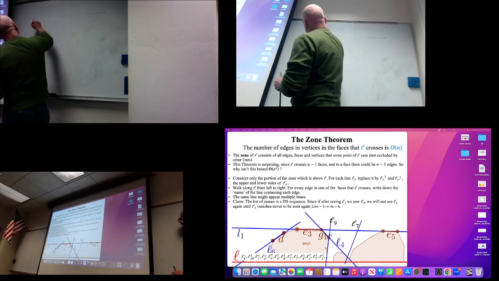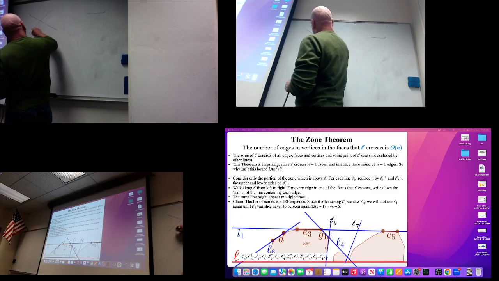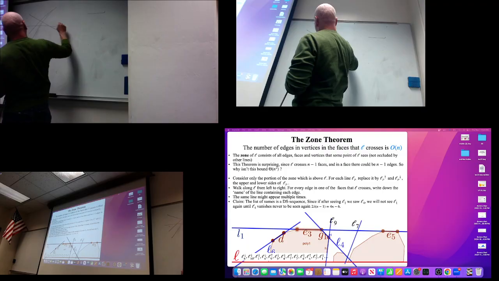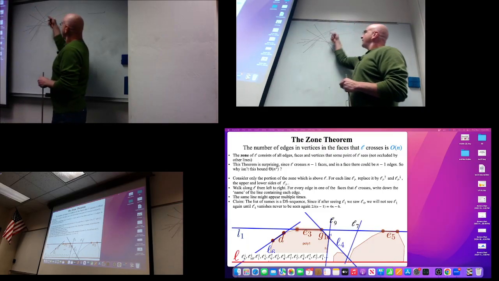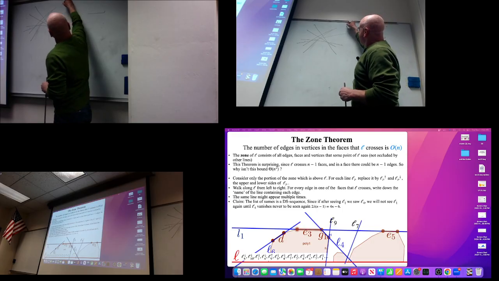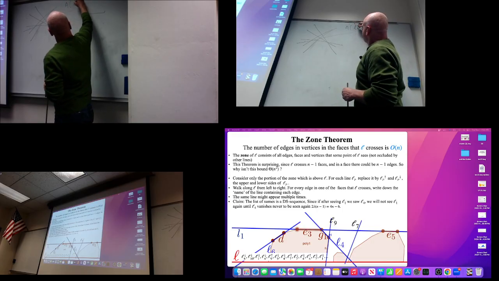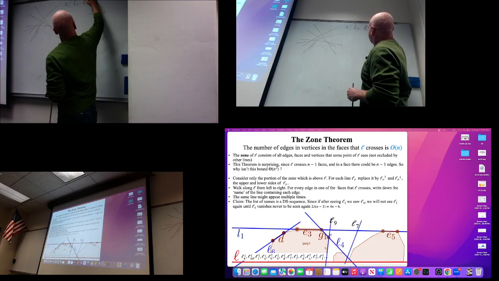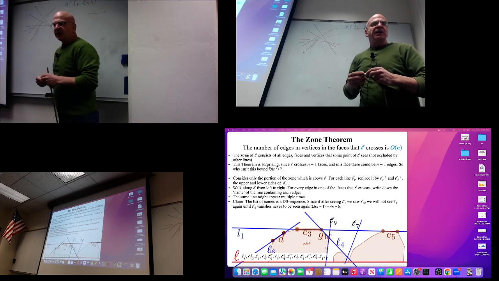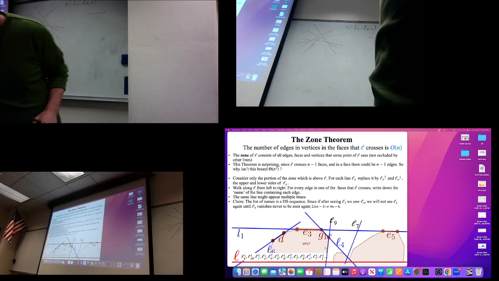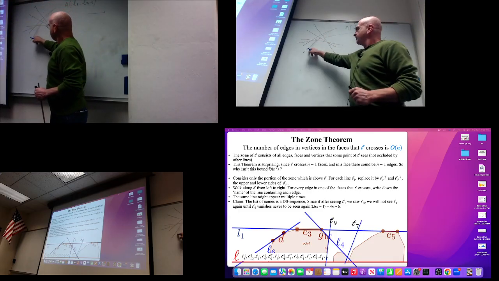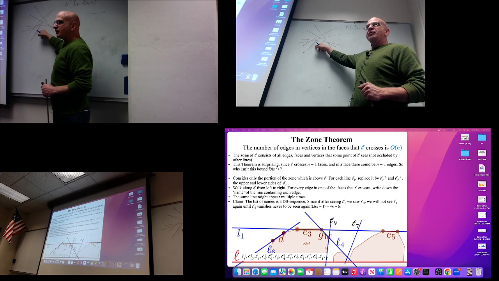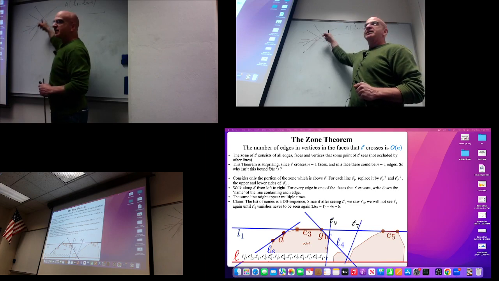I'd like to say that if I have already an arrangement of several lines, the arrangement of the lines L1 up to Ln minus 1. And now I want an algorithm that, for this arrangement, I know for every line what are all the vertices along the line where they intersect each other and in which order.